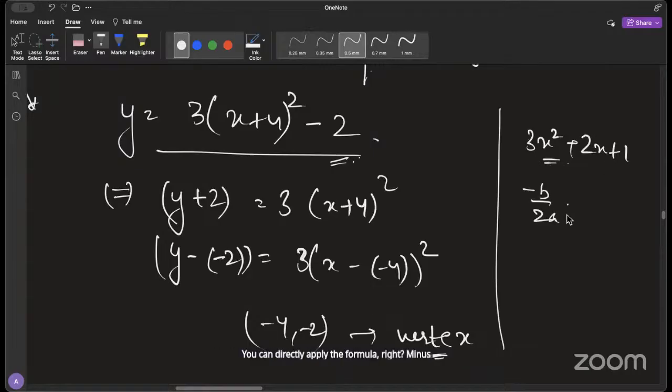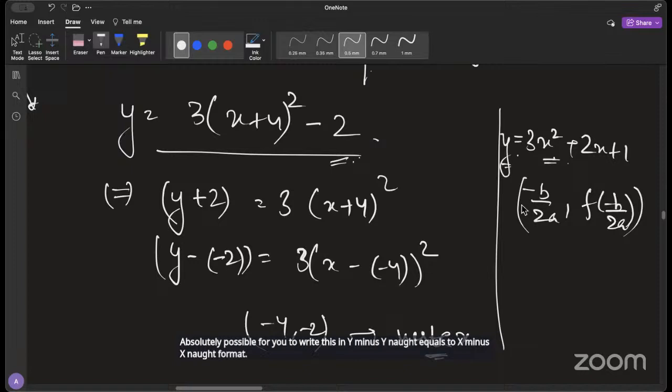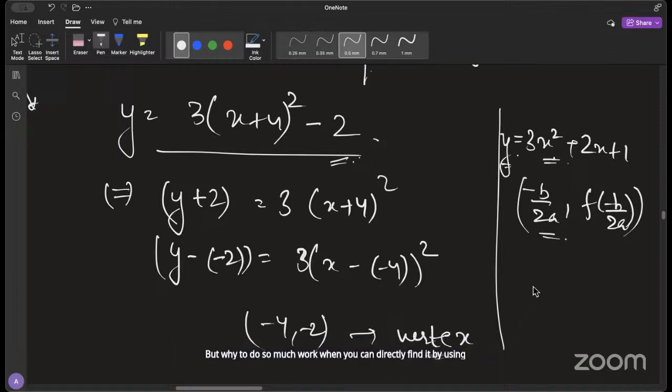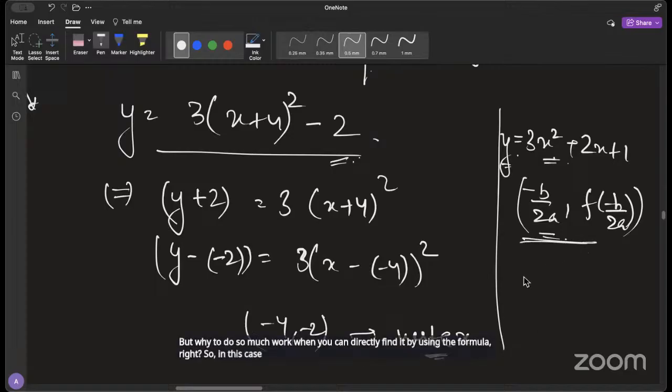Minus b by 2a and f of minus b by 2a. That's easier instead of writing it in this manner, which you can. It's absolutely possible for you to write this in y minus y naught equals x minus x naught squared format. But why do so much work when you can directly find it by using the formula, right? So in this case, using the formula is easier.